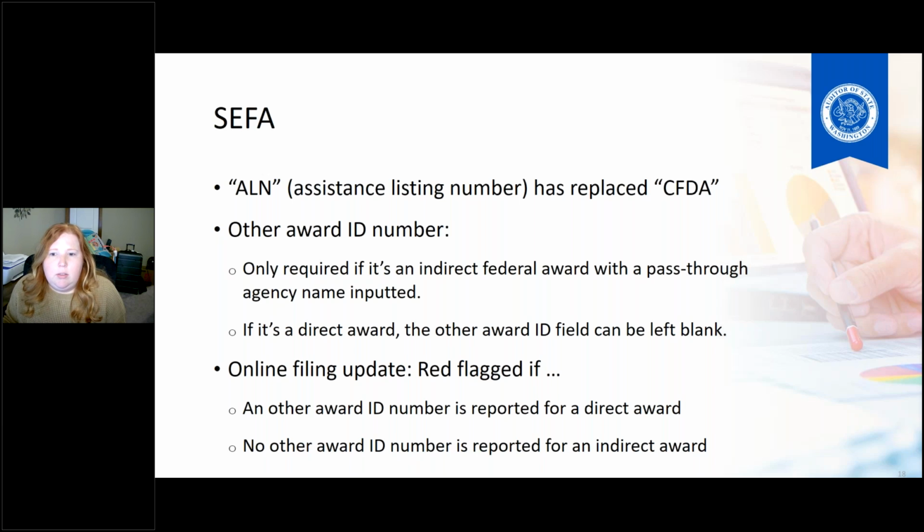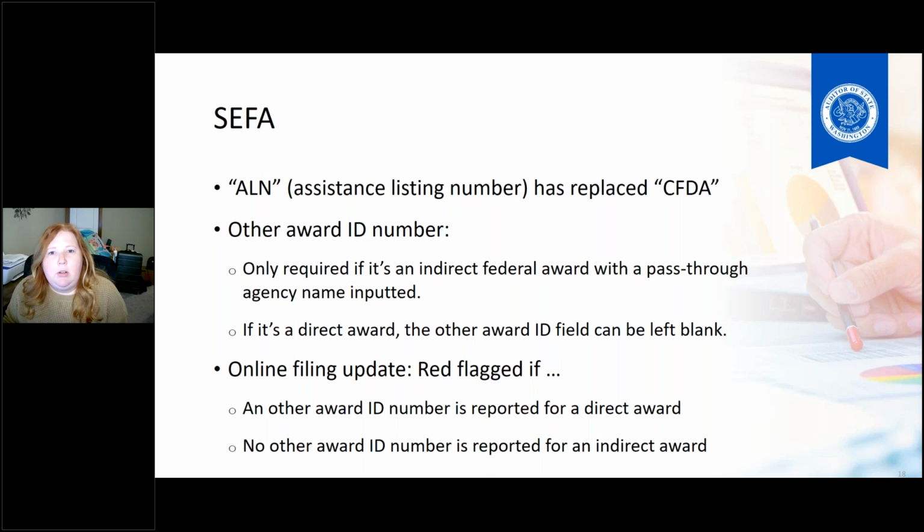Now, occasionally there are some indirect awards that don't have an other award ID number assigned to it via the contract or agreement. And in those cases, you can input NA for not applicable into that field, since for indirect awards, at least something is still required in that field.